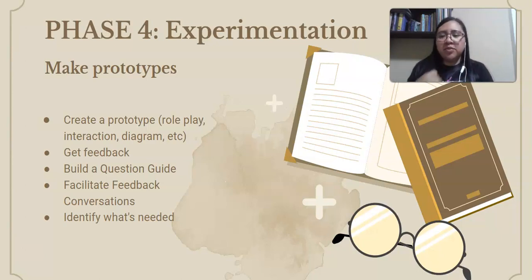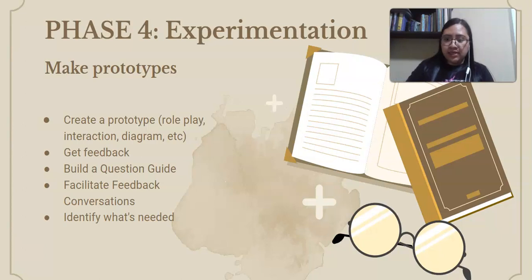You're going to create a prototype like with a role play, with an interaction with neighbors, with people in the city, or you can experiment with diagrams. Okay, these prototypes can be activities related to your students.